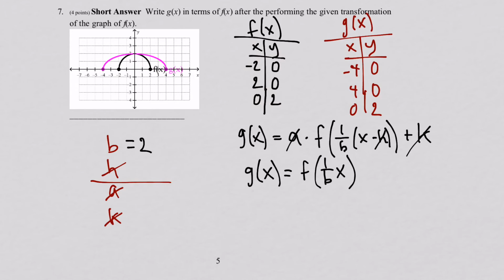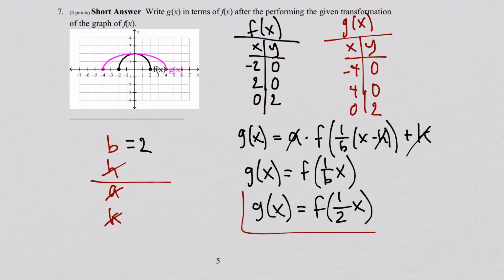Since there's no h, I don't have to worry about x minus h. There's no k, there's no a. So all I got to do is plug my b value into that function and I'm done. So g of x is equal to f of 1 over 2 x. And that's it. That is your transformation.